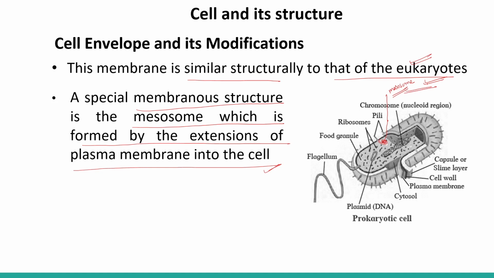It is compared with the mitochondria of eukaryotes because the enzymes present in the mitochondria are found on the surface of the mesosome. So the mesosome is nothing but an extension of the plasma membrane that invaginates itself and forms a coiled structure, which is called the mesosome.